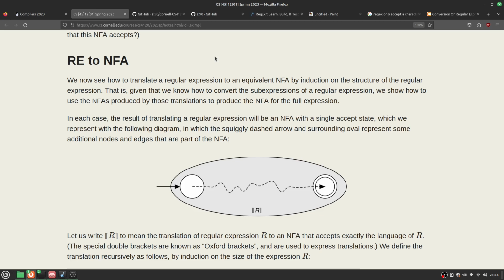That is, given that we know how to convert the sub-expressions of a regular expression, we show how to use the NFAs produced by those translations to produce the NFA for the full expression.